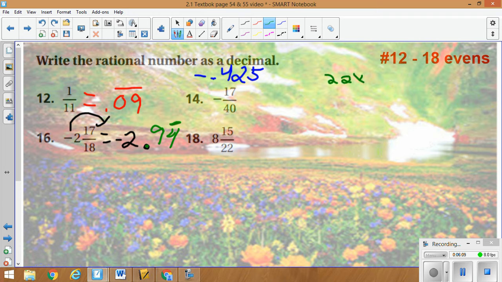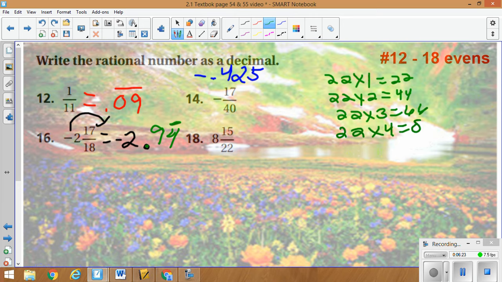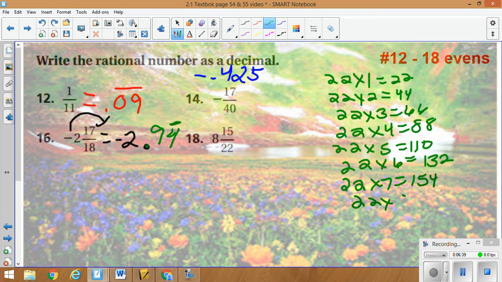So 22 times 1 is 22. 22 times 2 is 44. 22 times 3 is 66. 22 times 4 is 88. 22 times 5 equals 110. 22 times 6 equals 132. 22 times 7 equals 154. 22 times 8 equals 176. And 22 times 9 equals 198.